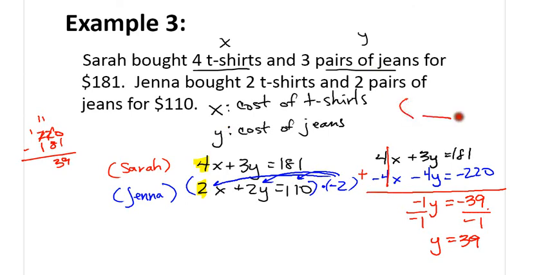So I've got something for y, and I know y is equal to 39. I'm looking back at one of the original equations. I'm thinking, which one can I substitute back in to find the value of x? And I'm going to guess the second equation. So I have 2x plus 2 times 39 equals 110.